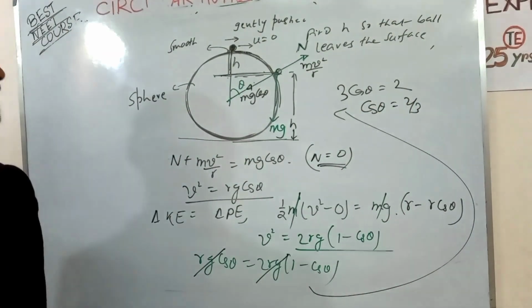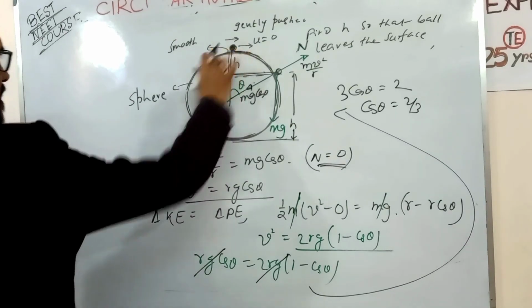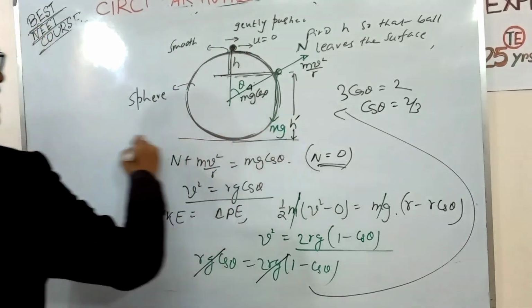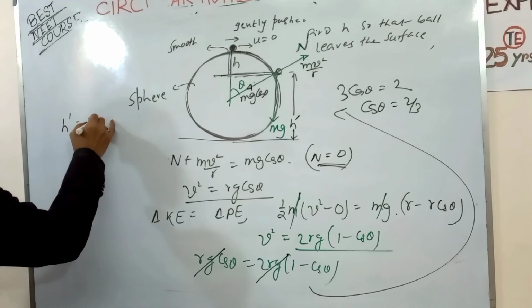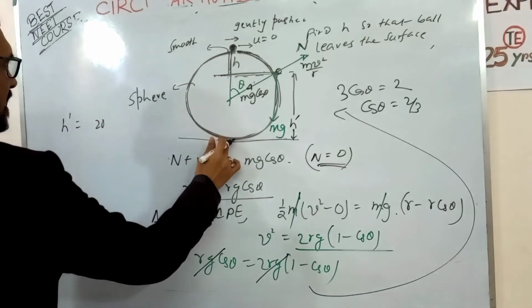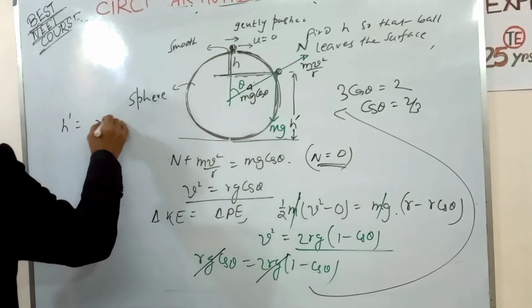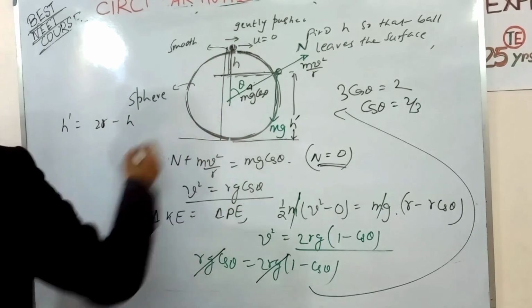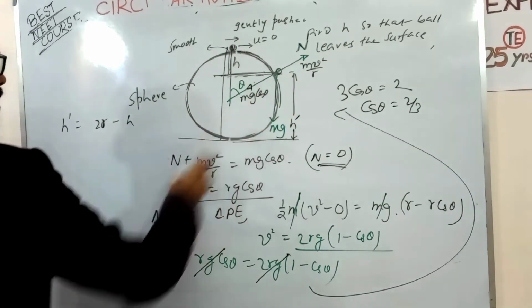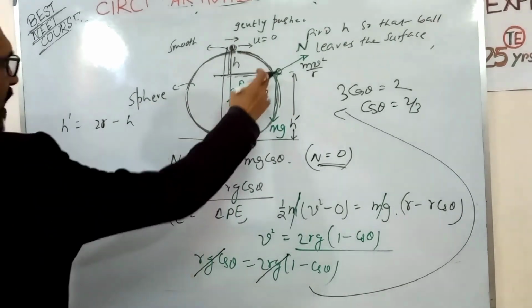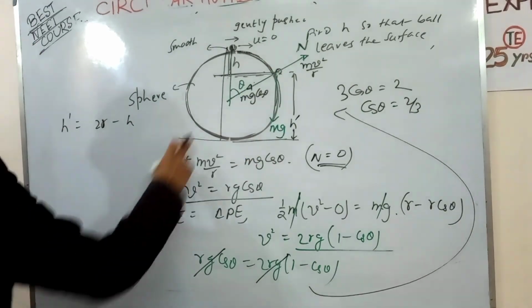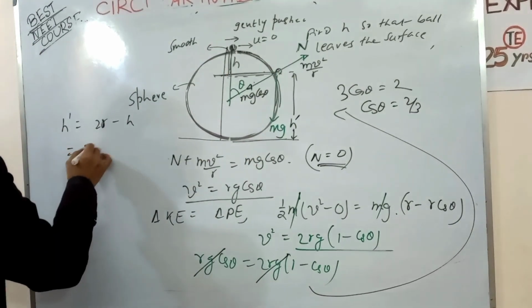So what is this height? Total height is 2r, so h dash, the height of the ball from the ground, is equal to 2r minus h. Now what is h?